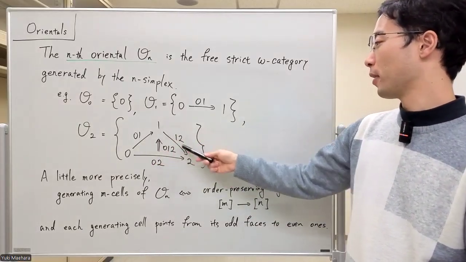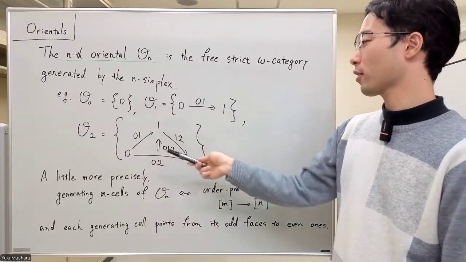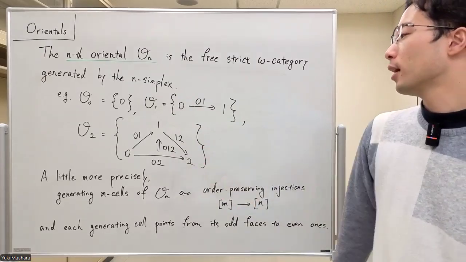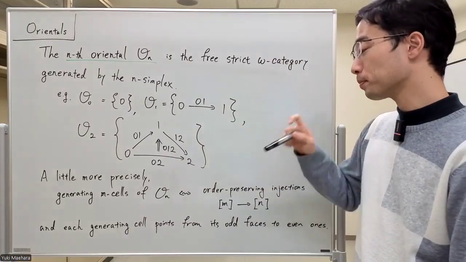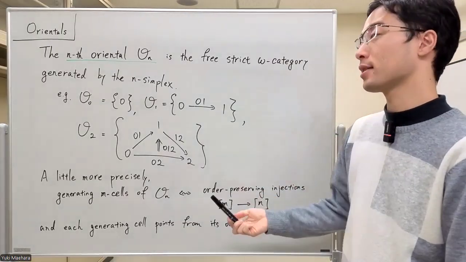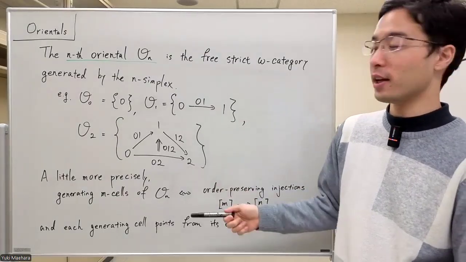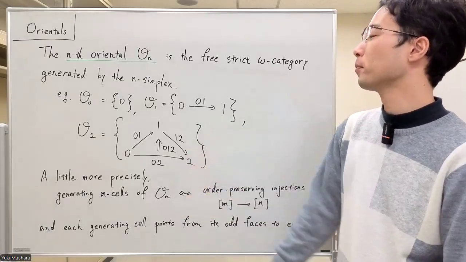And these three generating one cells in O(2) are drawn in these directions according to that same rule. If you look at this two cell corresponding to the identity on [2], a 2 simplex has only one odd face, namely the first face. If you take the first face of [0,1,2], you end up with [0,2].